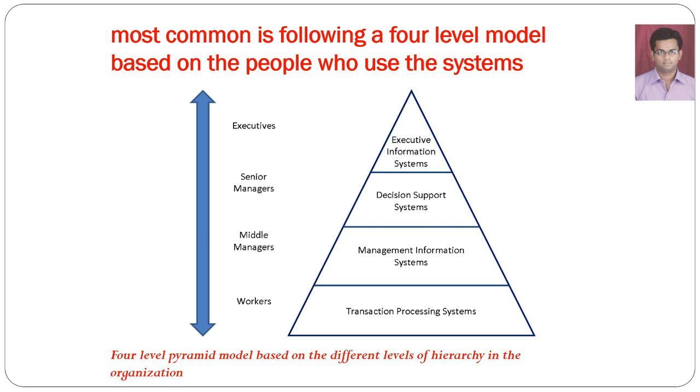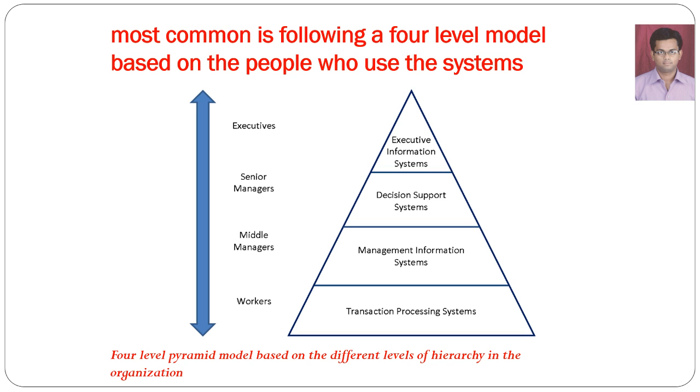Now, let us talk about the most common aspect, which is called a 4-level model based on the people who use the system. It covers the transaction processing system at the bottom, followed by the management information system, then comes decision support systems, and then comes executive information systems.